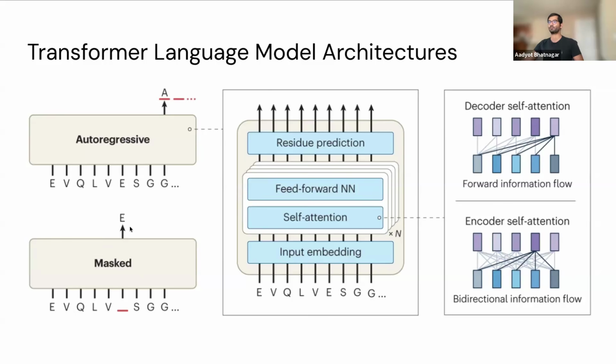And then the goal is to predict the identity of the masked token. In order to do this, you have this encoder-style bidirectional attention, where every token attends to every other token. And in this way, you get a context-sensitive representation of each position that accounts for the full protein context, both in front and behind it.